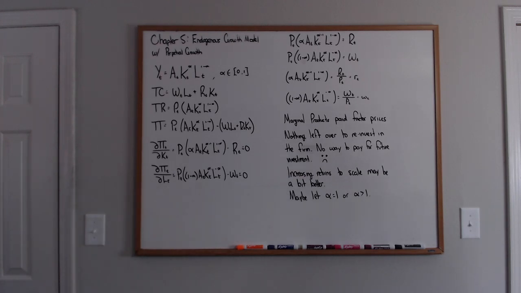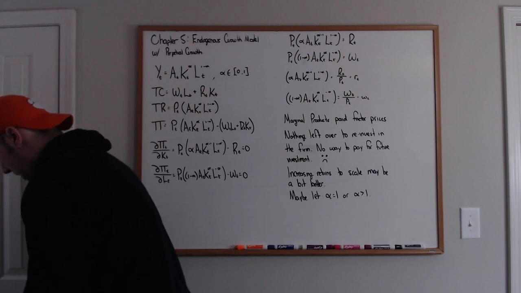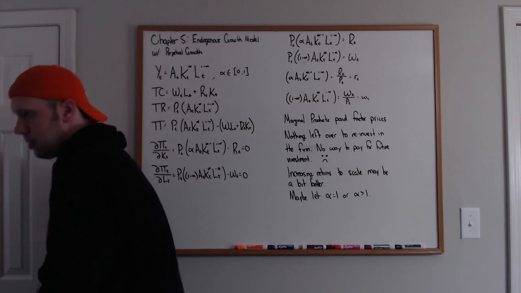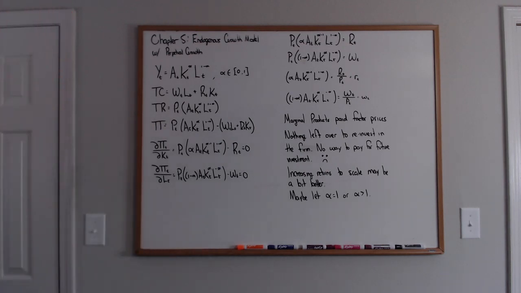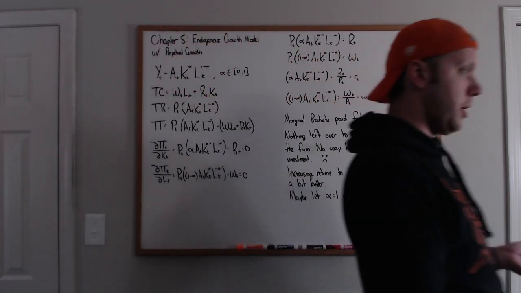So that's kind of what we're going to be doing here. We're going to allow for increasing returns to scale using the existing neoclassical growth model that we saw in the previous chapter. And we're going to solve it out the exact same way that we would with the neoclassical growth model.